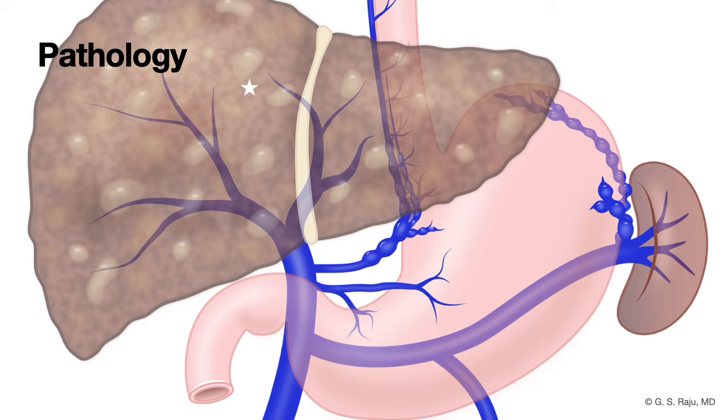There will be bridging fibrosis from portal triad to portal triad to central vein, resulting in regenerative nodule formation. In the process, the liver gets shrunken. The normal sharp edge of the liver becomes blunted, and the liver develops a nodular appearance.